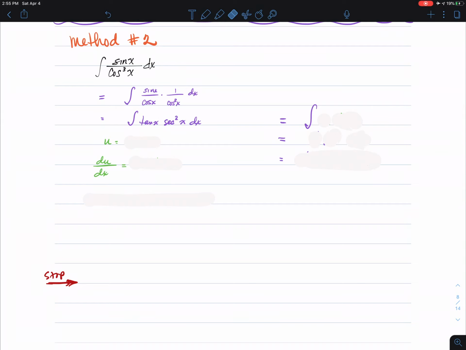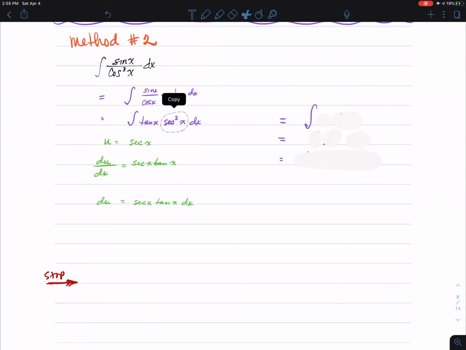Then I jumped into my u's, and I used u as secant of x. The derivative of secant is secant tangent. So hopefully you're starting to see how I'm going to work through this. So my du then is secant tangent dx. All right, so let's pick it apart then. So for my u, one of my secants is going to become my u.